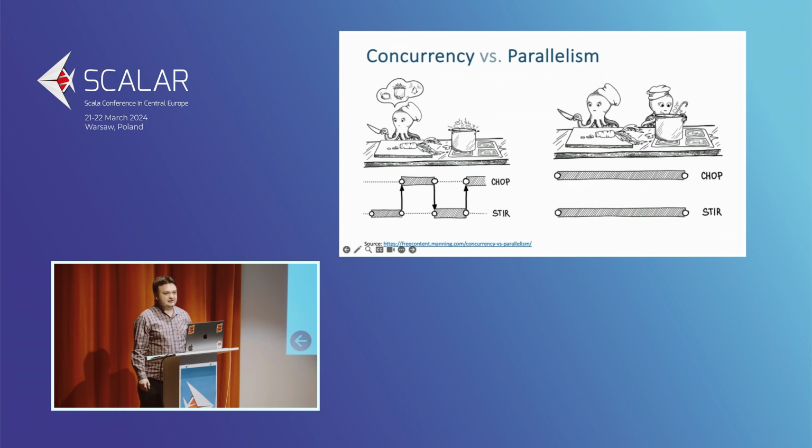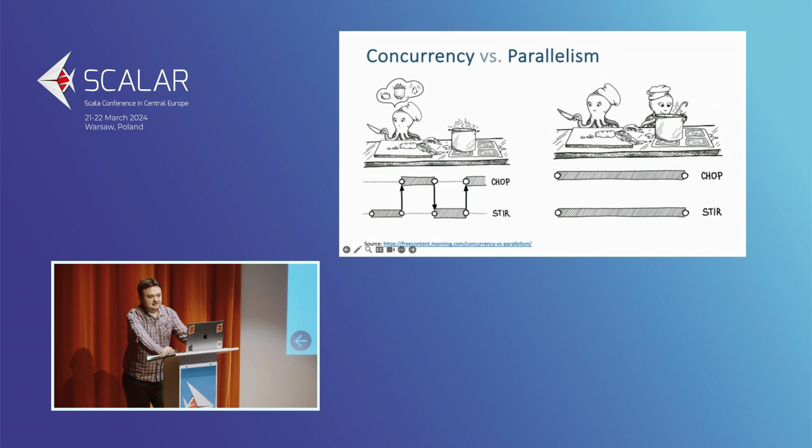So concurrency is a semantic property of the program. You describe tasks as having independent execution, and then the runtime can choose to optimize it. Parallelism is a runtime property, an implementation detail that can optimize concurrent tasks.